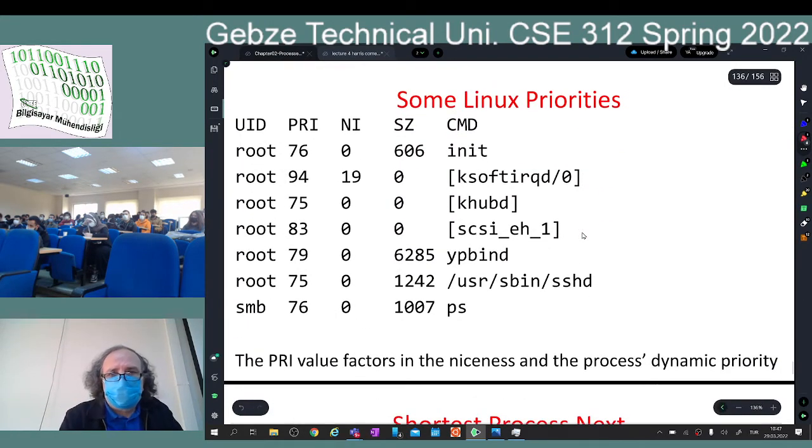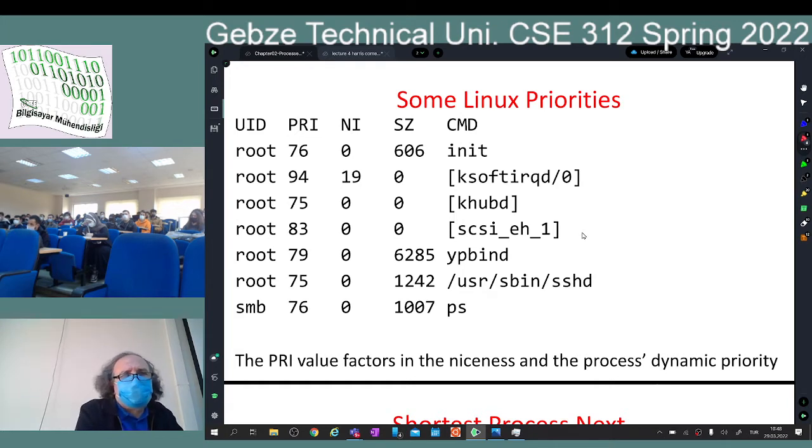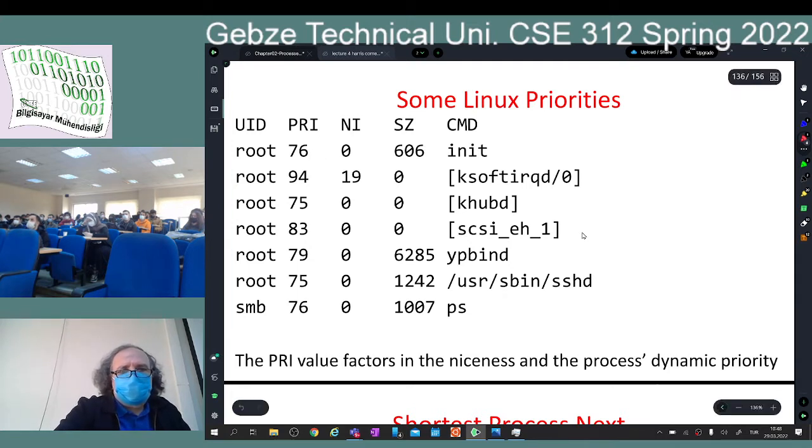I think I got this from the book, maybe. So these are the priorities. Lower ones, for example, 75 is the highest priority one. This one is the lowest priority. And the last one is the already running one.